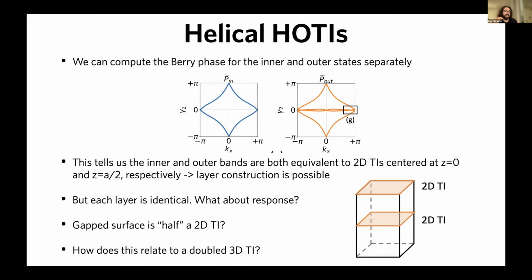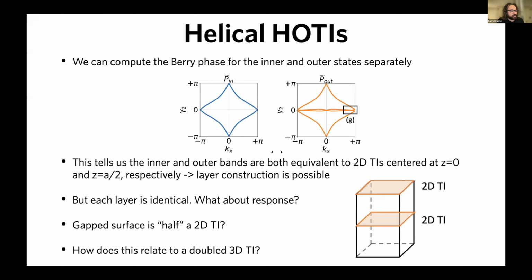And this helical winding is what we introduced in the beginning for the hybrid Wannier centers of a 2D Z2 TI. And I find the same thing for the hybrid Wannier functions centered at z equals a/2.